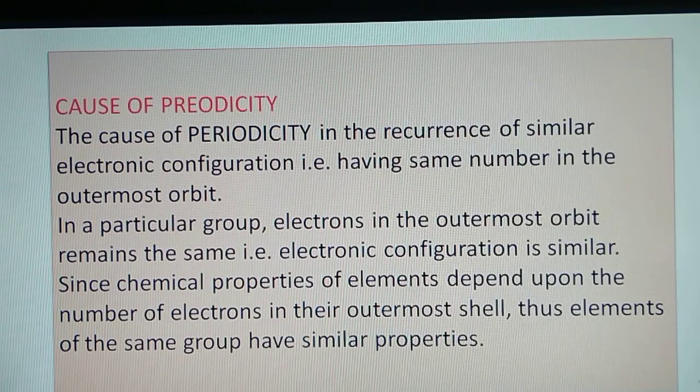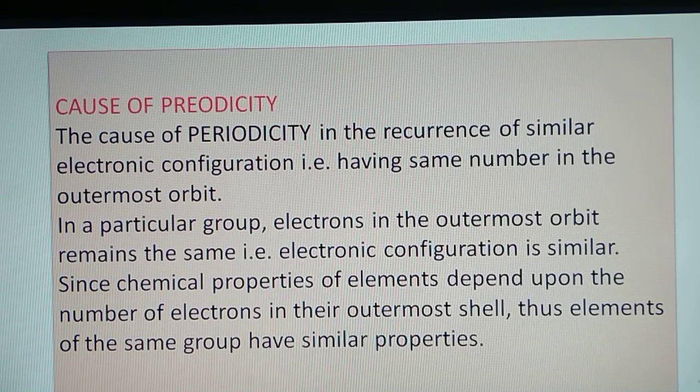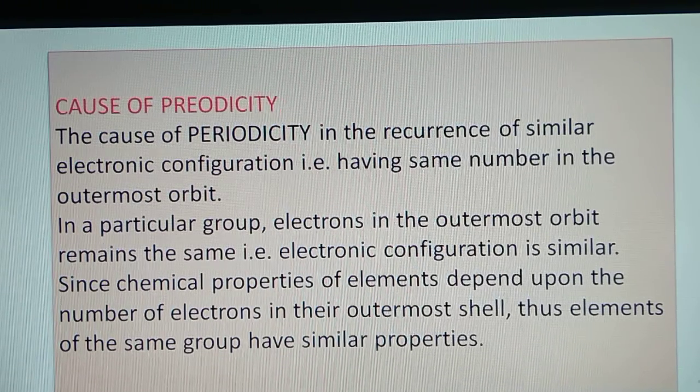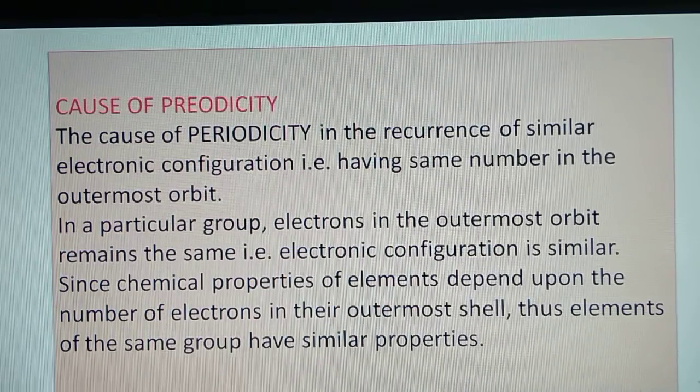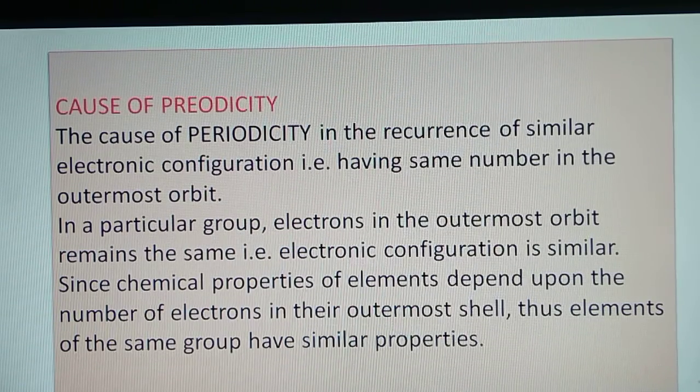Since chemical properties of elements depend upon the number of electrons in their outermost shell, elements of the same group have similar properties. Like group 17, halogens have similar properties. They are colored non-metals.